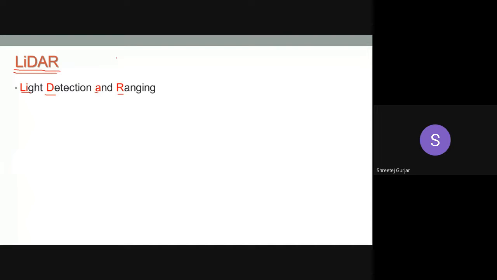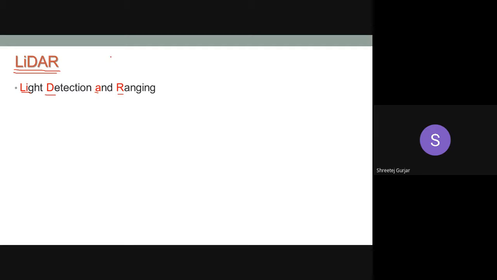Okay, and we don't use infrared or microwave. We project out a light beam, and that is reflected back, and that light is captured by the sensor. It is detected by the sensor, and it is interpreted. Okay, so this is the basic idea of lidar.